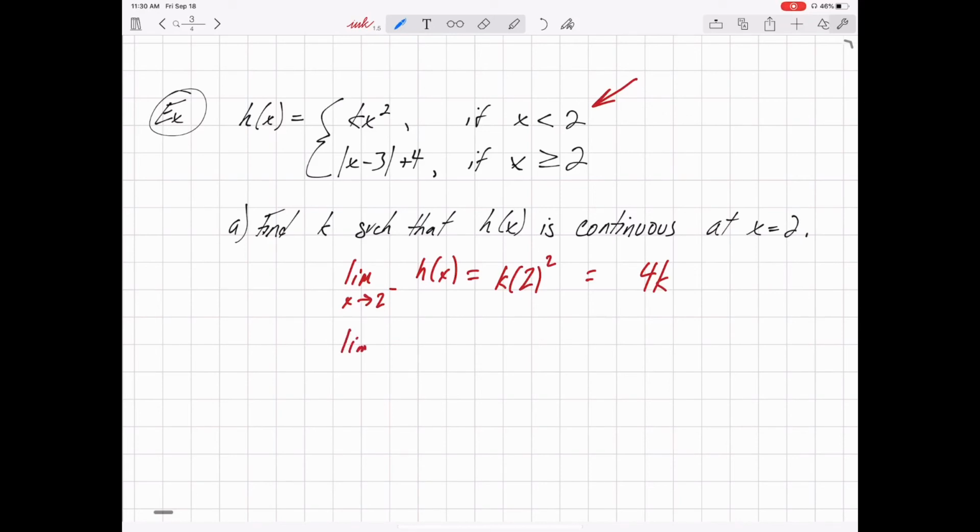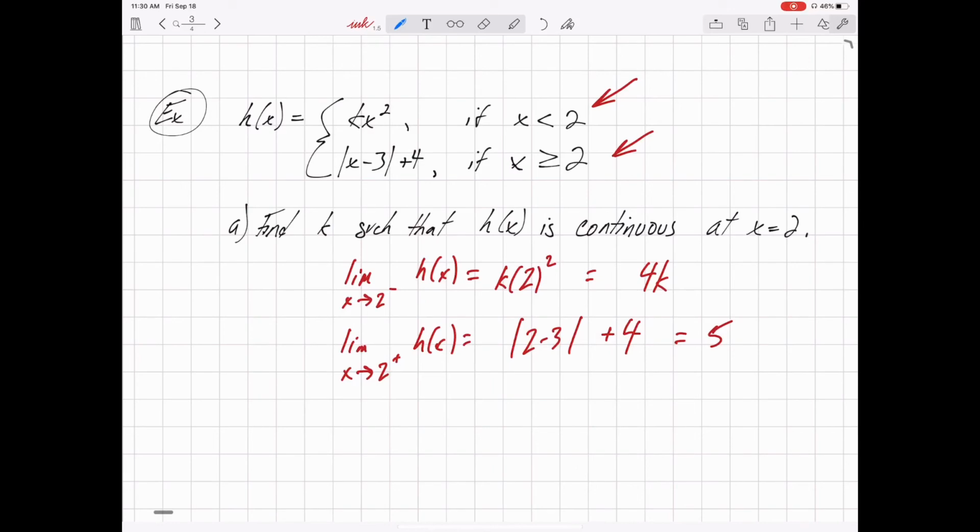Then we take the limit from the right, and we're going to use this lower function, so it would be the absolute value of 2 minus 3, plus 4, and that's going to equal 5.